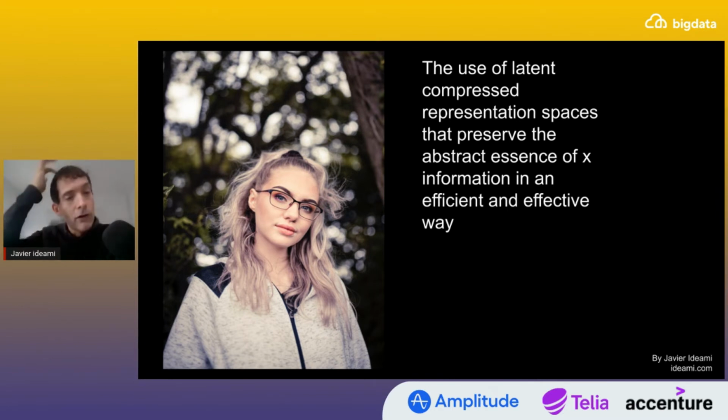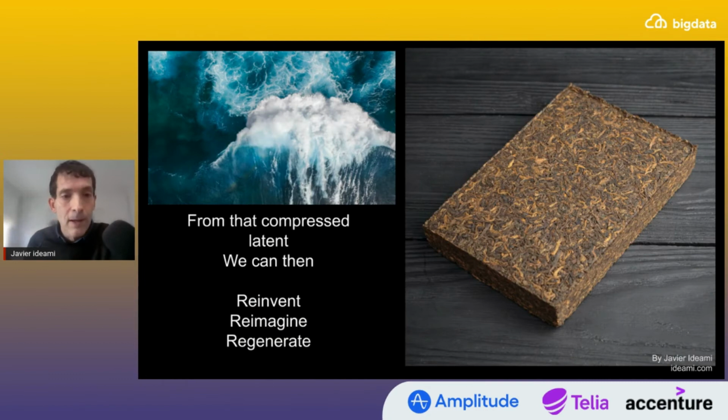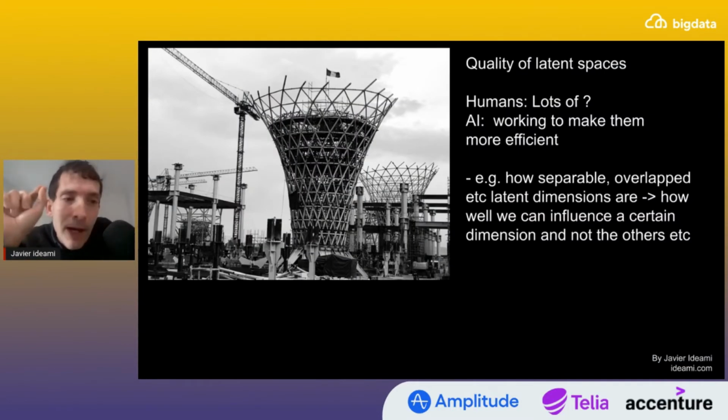Many times I also use this picture to give the example of when you are describing a friend to another person, and again, you do this compression and decompression process. And from those compressed latent representations, we can then reinvent, reimagine, and regenerate. But the quality of these latent spaces is also very important. What goes on in those latent representations within our brain, we still have many question marks about.